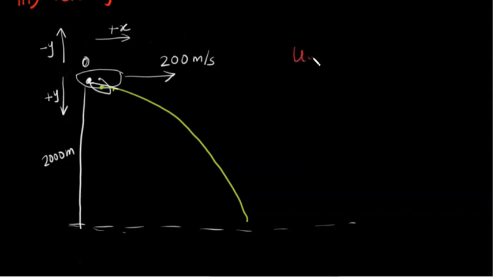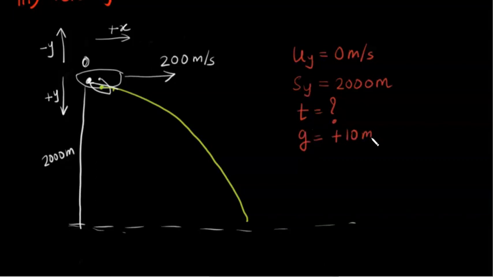So initial velocity in y direction is 0 meter per second, and the displacement in the downward direction is positive because it is a positive y axis, and the displacement has to be 2000 meter, because it is the height from the ground, and we have to find out the time. We know g value, we will take it as plus 10 meter per second square. I'm taking it plus because downward direction is plus.